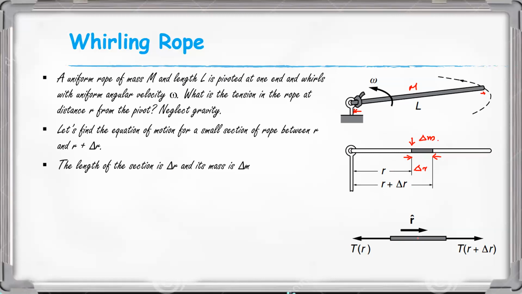And here its force diagram is given. At this end the tension is T of r, and at the other end the tension is T of r plus delta r. Here we know that the tension must vary with distance.